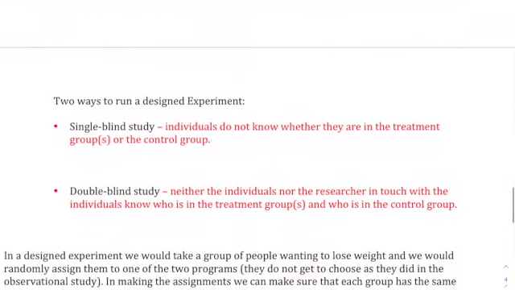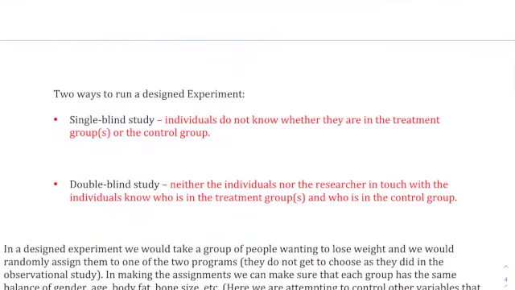All right. So the next part, what kind of designed experiment are we talking about? There are two ways to run a designed experiment. It means you know who you're going to give the treatment to, and it's not just sit there and watch. There are special rules for each group. So, single blind study: individuals do not know whether they are in the treatment group or the control group. We don't know which group you are in.